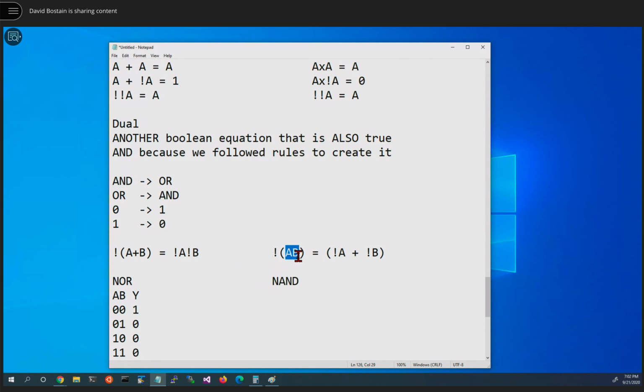This says AND two things together and invert their output. This says invert the inputs and then OR them together. And in any event, we could build a table. I'm not going to do it right now. Something you could do on your own or put it on a quiz maybe for you someday. And it basically says these two guys, which we just proved are true because we did them as duals, are true.